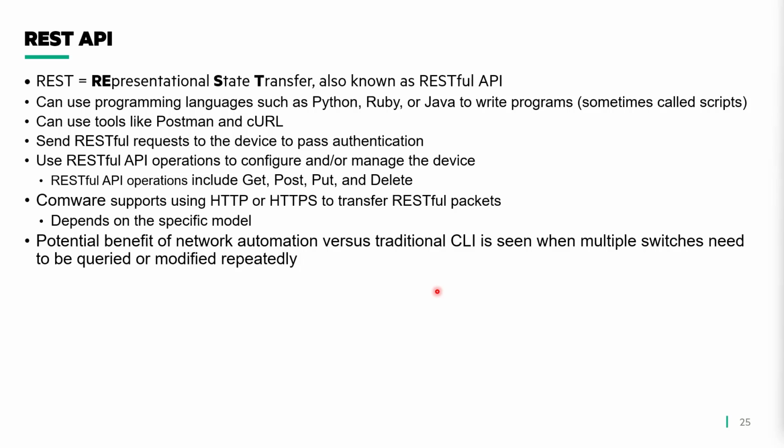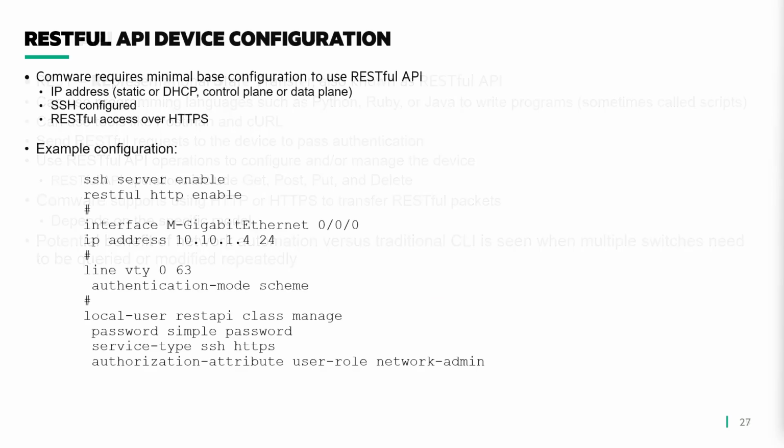Now, for the REST API to work on the switch, we need to set certain parameters on the switch itself. So we have to make sure SSH server is enabled, REST API HTTP is enabled, and of course you need to be able to reach the switch, and you configure authentication. This is a scheme, it means I'm configuring local authentication, with details of that authentication, and the service type, which we will come back to.